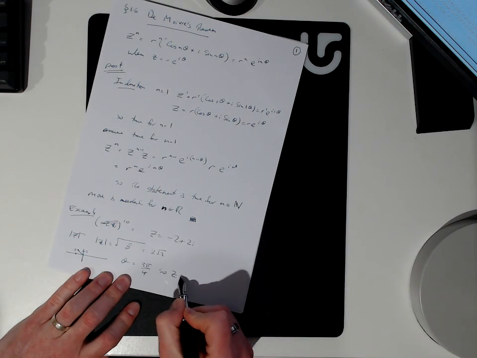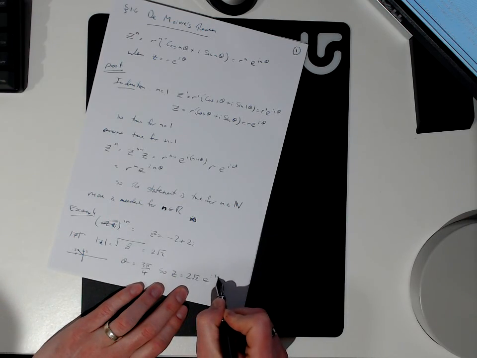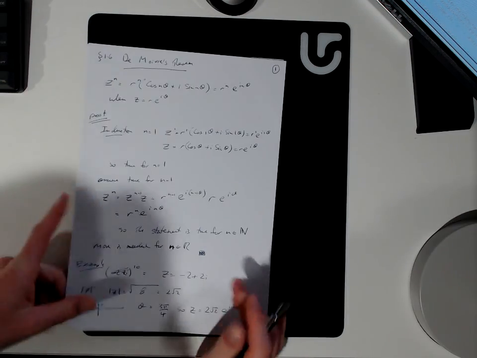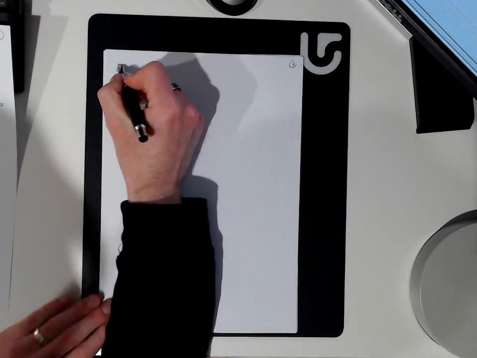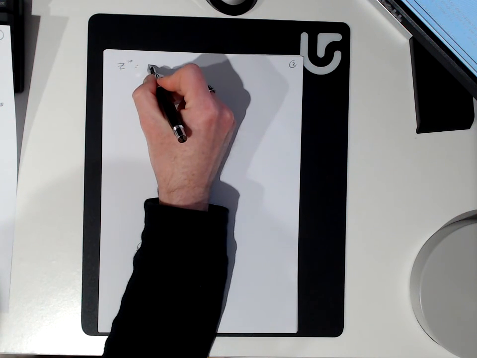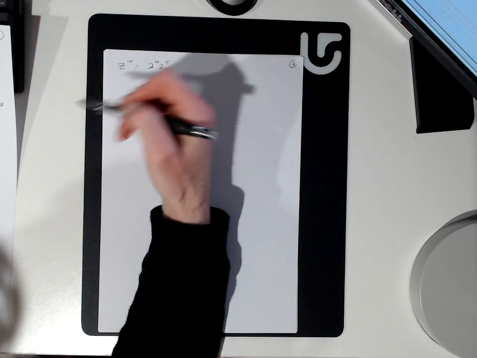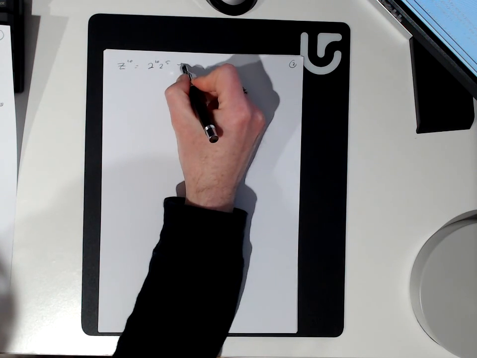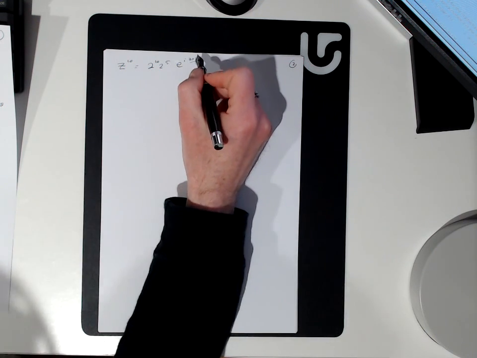So z is equal to 2 square root 2 e to the i 3 pi over 4. So z to the 10 is equal to 2 to the 10, 2 to the 5 because the square root is a half, e to the i 30 pi over 4.